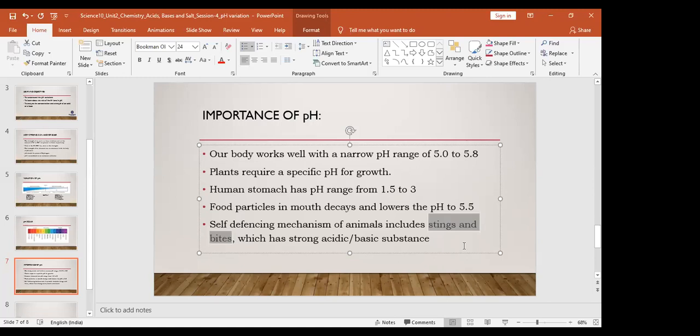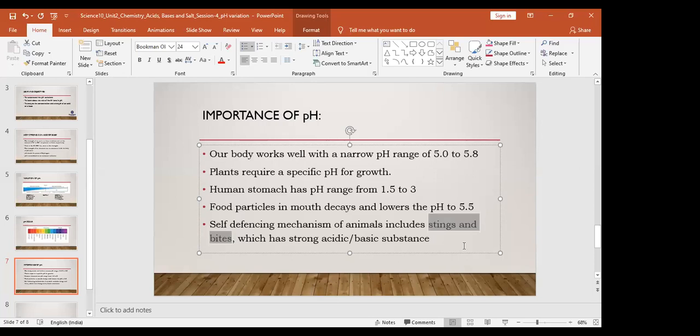It injects a strong base in the body. So these animal stings or bites normally help them to inject a very strong acid or base in the person's body, because of which we experience a severe pain.